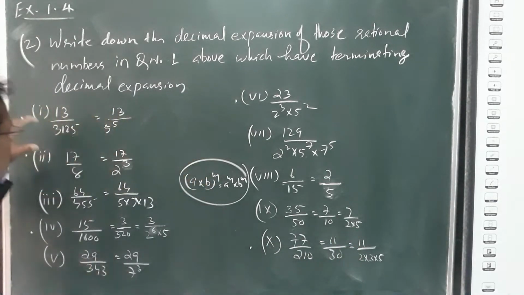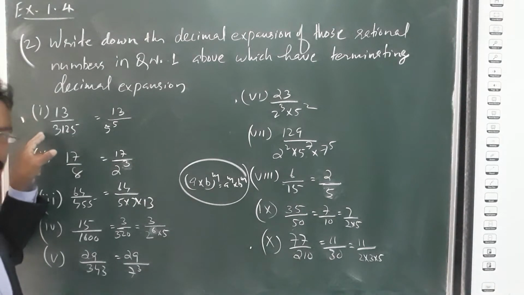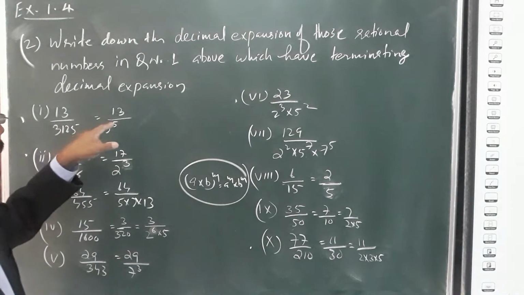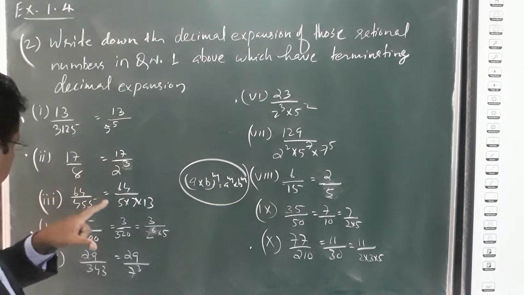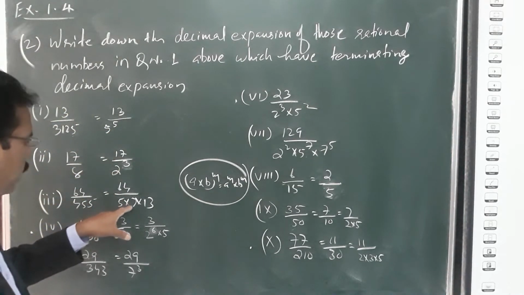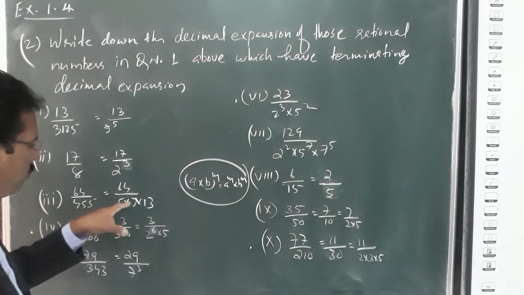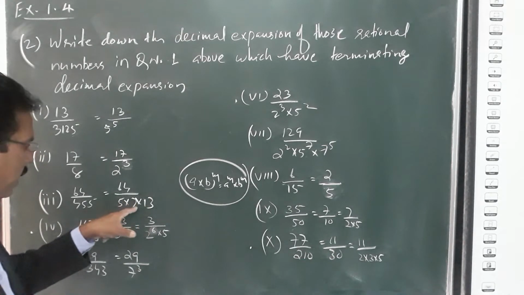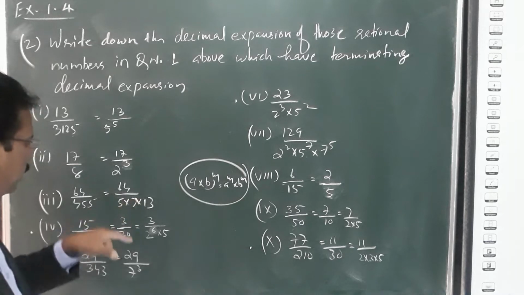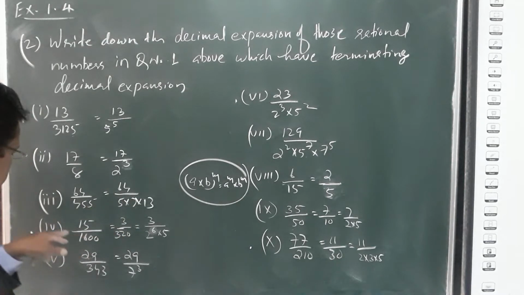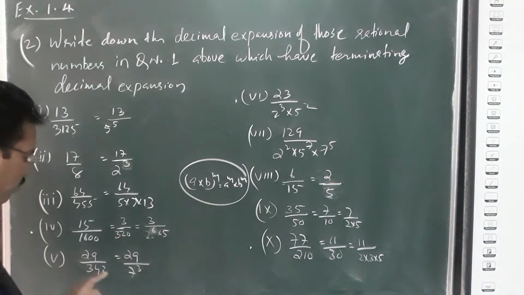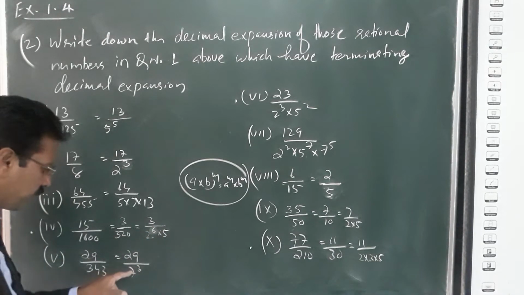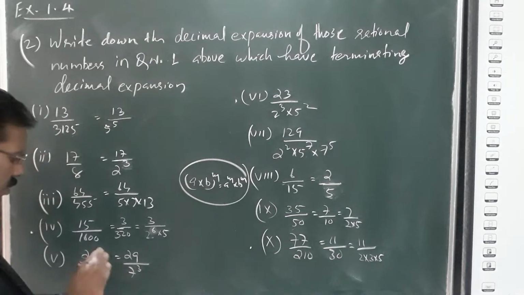I will repeat again. Question number 1 is terminating. Next is non-terminating recurring because it is 5 into 7 into 13, 7 and 13 are there other than 5. And 4 is terminating because 2 and 5 only. 5 is non-terminating recurring because it has no factors of 2 or 5, only 7.